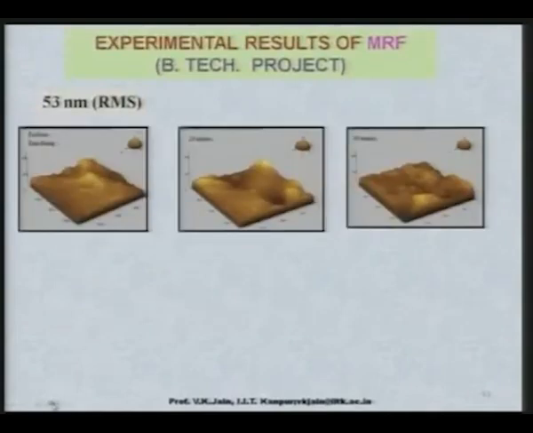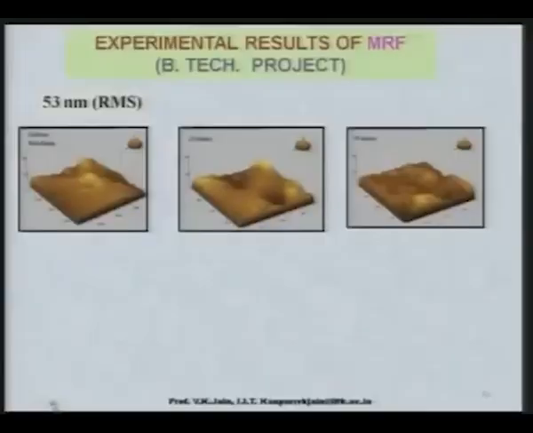Now, at IIT Kanpur, BTech students developed a similar kind of setup, and they conducted experiments. They took the lenses which are used for wearing on the face, and the initial surface roughness that we obtained was 53 nanometer.